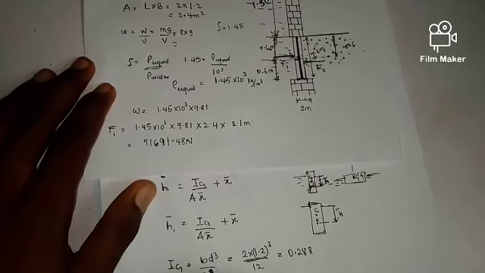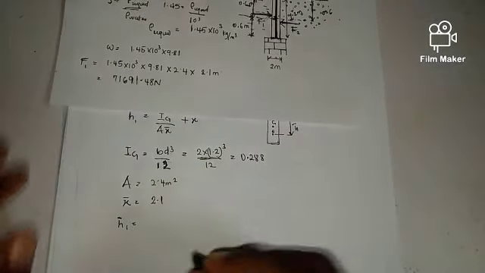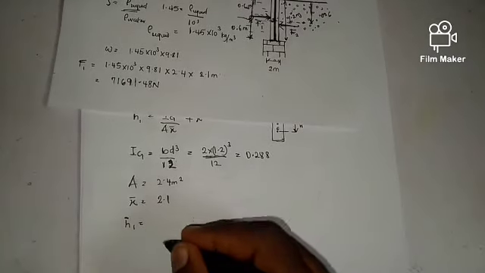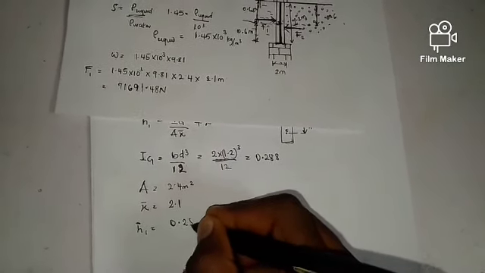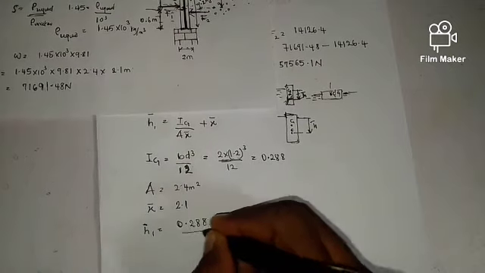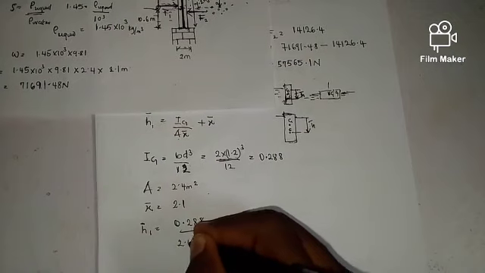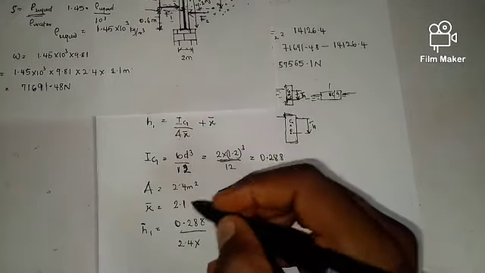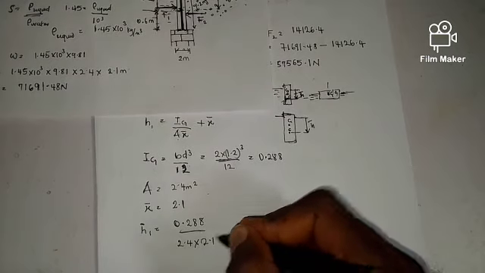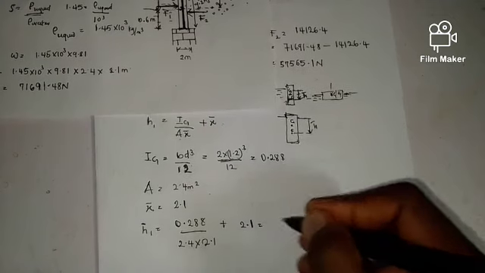So my H bar 1 is equal to my moment of inertia, 0.288, divided by my area, 2.4, times my depth, 2.1, plus my depth, 2.1.